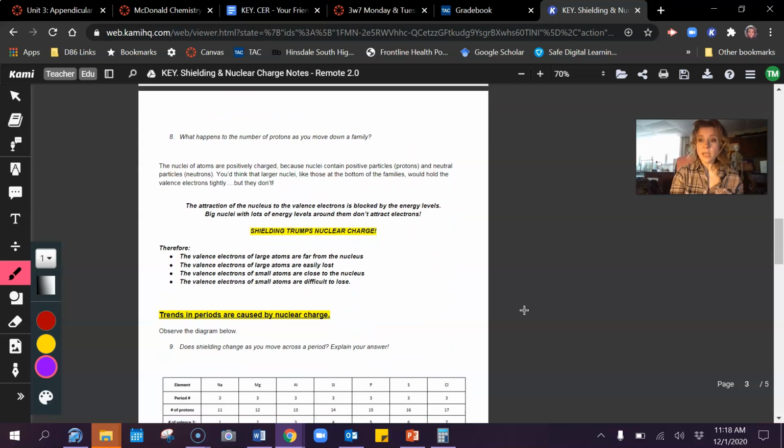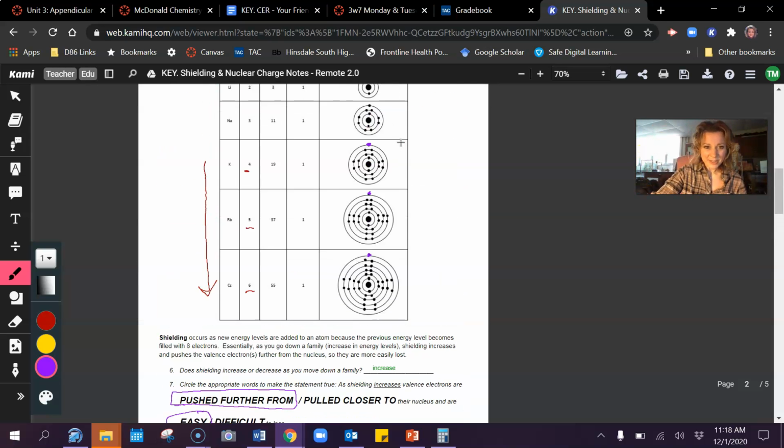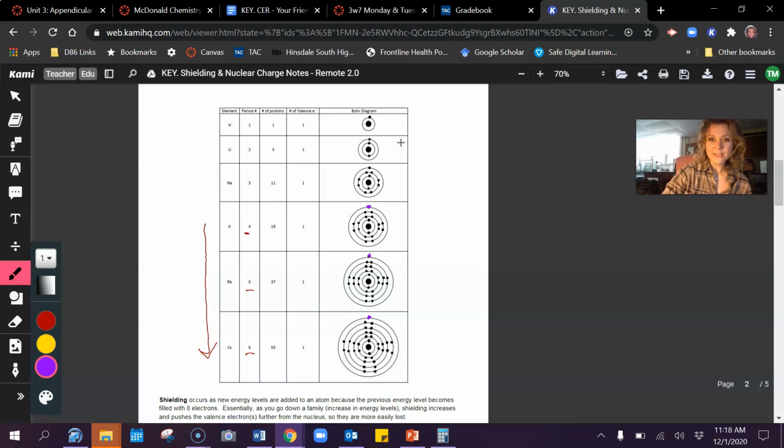Number 8 asks, what happens to the number of protons as you move down a family? Well, if you take a look at your periodic table, you will see that as you move down a family, well, let's go back and look at our chart here. As you move down the family, what's happening to our number of protons?